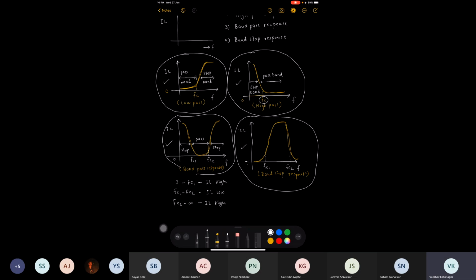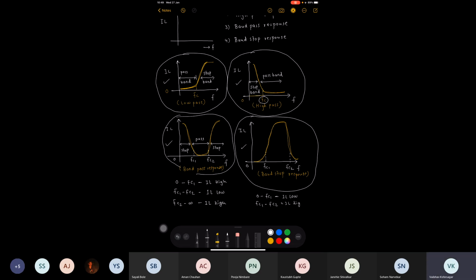From 0 to FC1, what can we say about the insertion loss? The insertion loss is low. And from FC1, the first cutoff frequency, to FC2, the insertion loss becomes high in between.